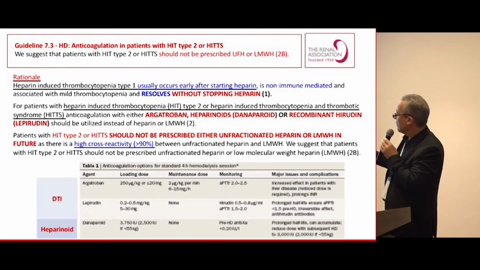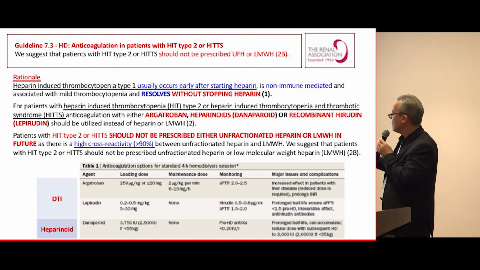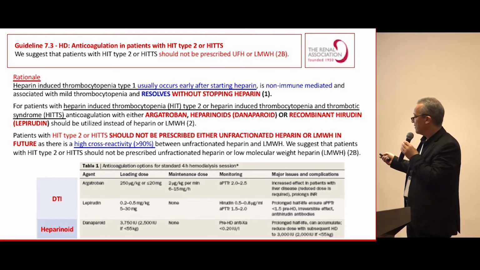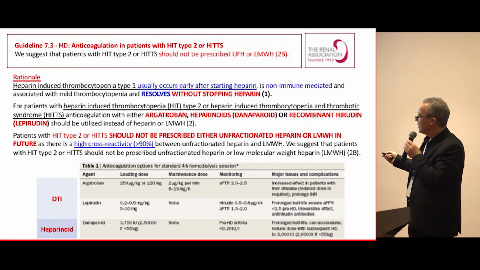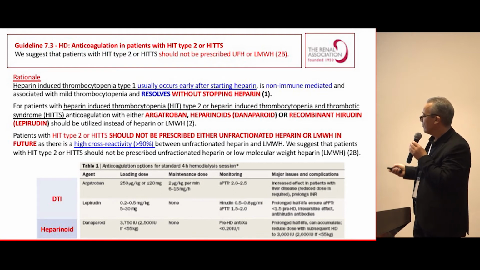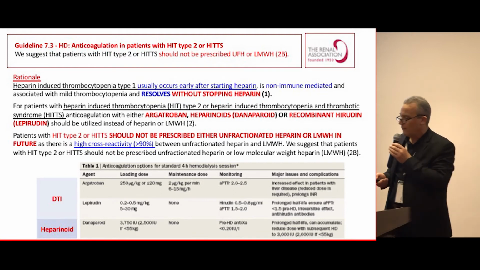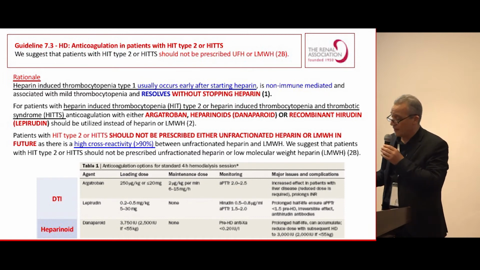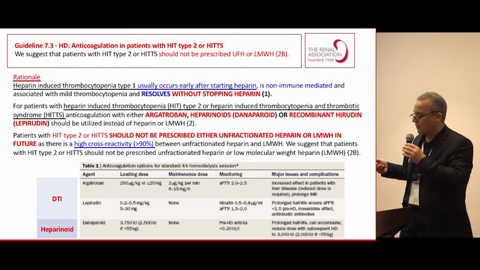For anticoagulation in patients with HIT type 2, in this case we don't have to use heparin, and we can use heparinoids, especially danaparoid, for example. We can use it for our patient, otherwise it is very expensive, and I think in Africa we don't have it.